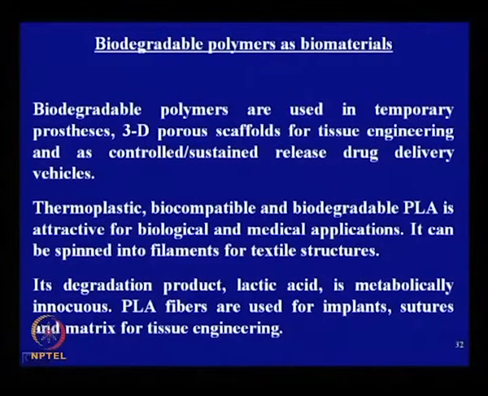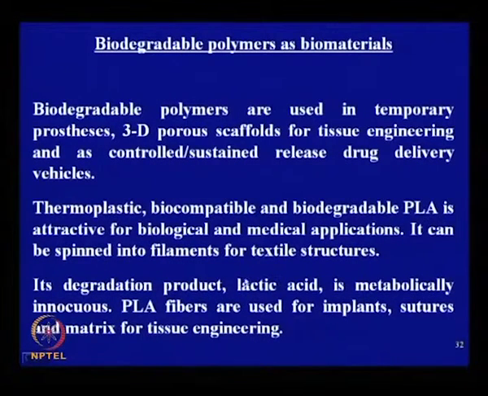You can synthesize this. Starch also, this chitin and chitosan, these are also biodegradable. So, one can use these polymers for making 3-dimensional porous scaffolds for tissue engineering, as well as controlled and sustained release of drug or for drug delivery vehicles.